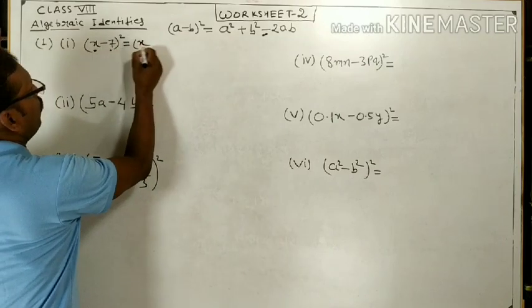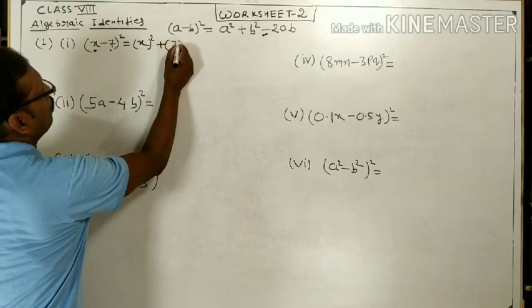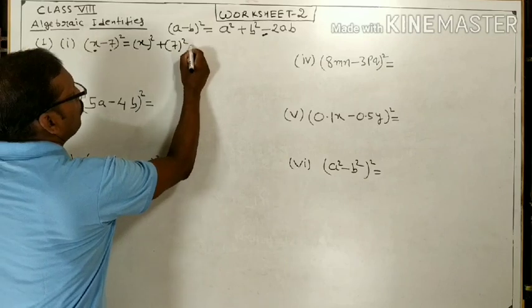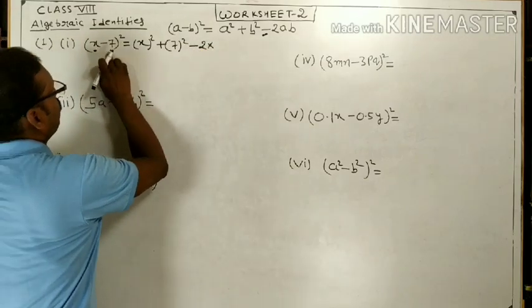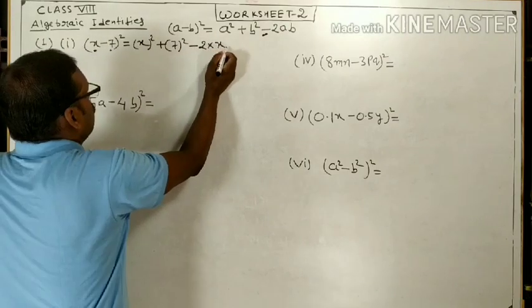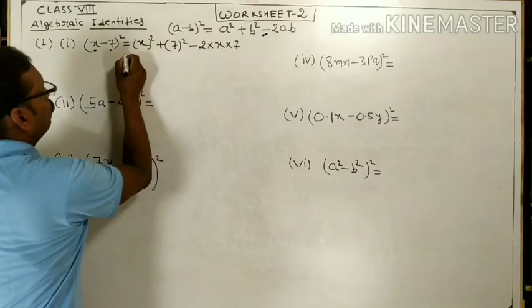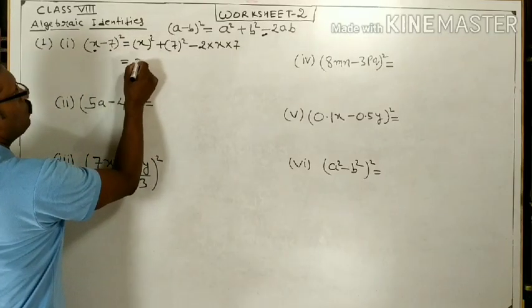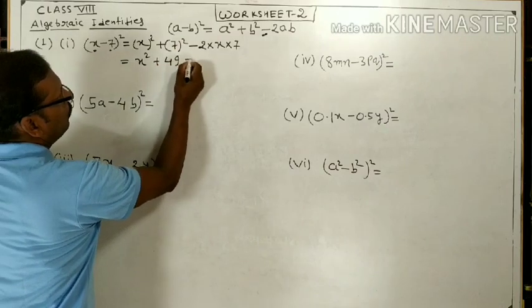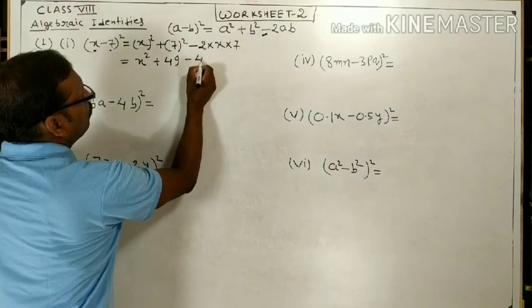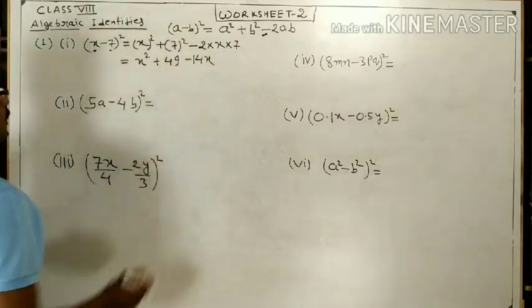So x square plus 7 square minus 2 into the product of first number into second number. First number means a and second number means b. Now solve it. x square plus 7 square, it is 49, minus 2 sevens are 14x. So this is the required answer.